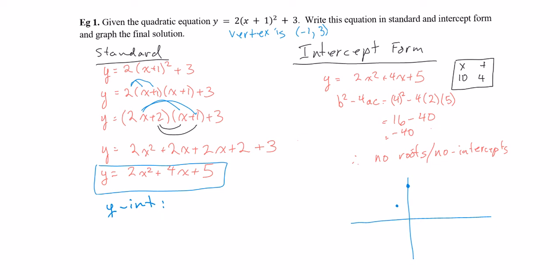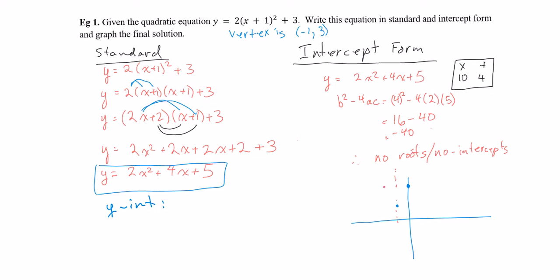Now, if I want to find another point that matches it, notice, if I drew a line directly through the vertex, we would have an imaginary mirror, and all we'd have to do is match the point that is here across to the other side of the mirror. In this case, we have to go 2 over. Notice we went from here to here, that's 1. So now we're going to have to go to the right 1 and then up to the 5th position to find our extra point that we need for our graph.